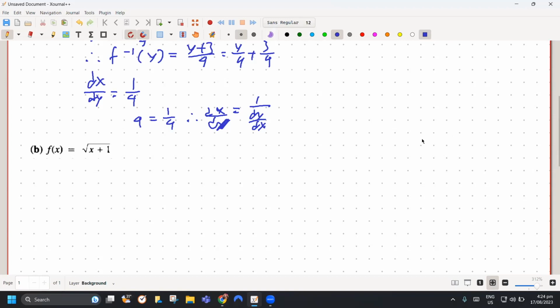What is that? Right? y is equal to square root of x plus 1. So, ang derivative niyan is... okay. Now, solve for x in terms of y, para makuha natin yung inverse.